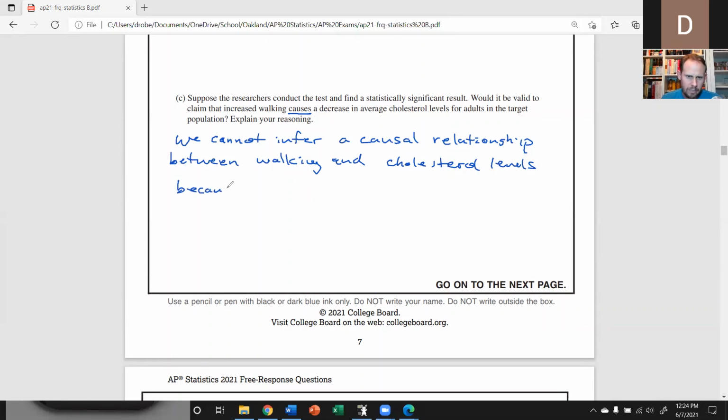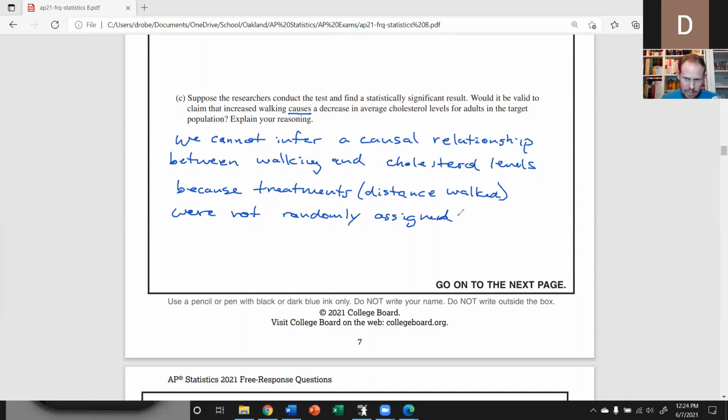Because treatments, aka the distance walked, were not randomly assigned. In other words, it's not an experiment. It would be an observational study.